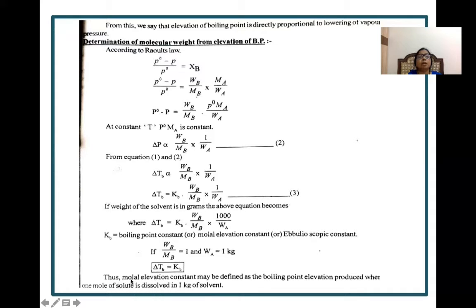Thus, molar elevation constant may be defined as the boiling point elevation produced when 1 mole of solute is dissolved in 1 kg of solvent.